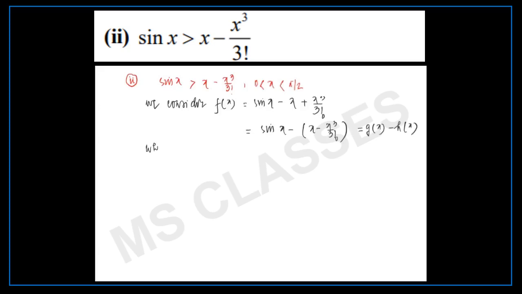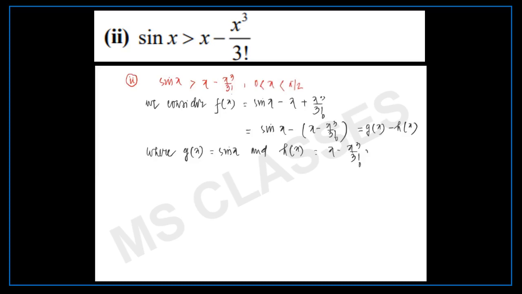where g(x) equals sin x and h(x) equals x minus x cubed by 3 factorial. Sin x is a differentiable function. h(x) is a polynomial function.